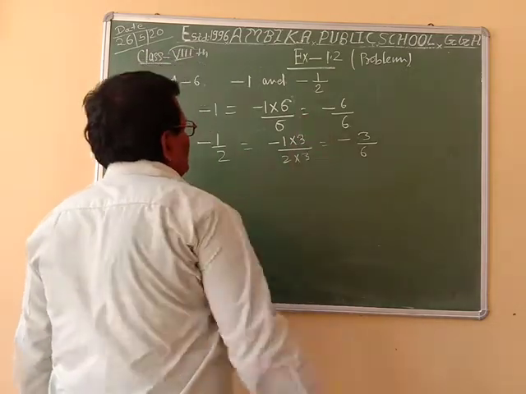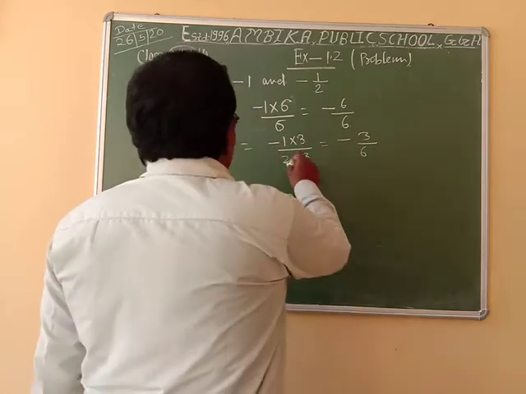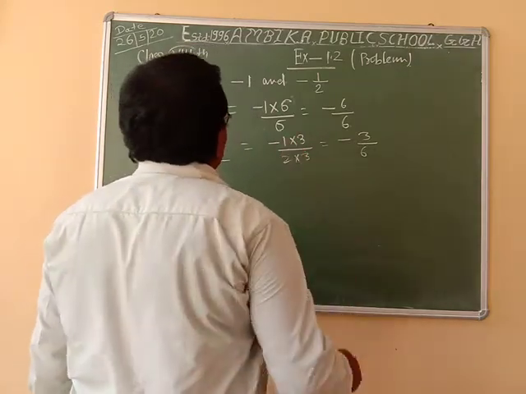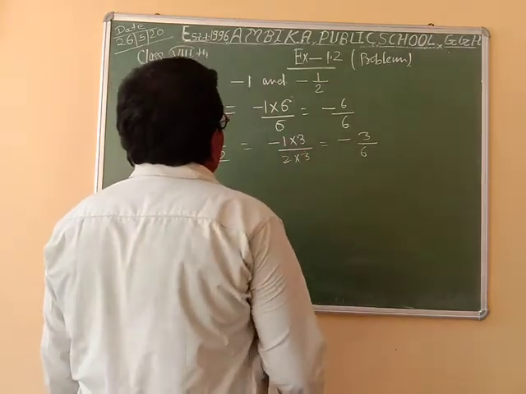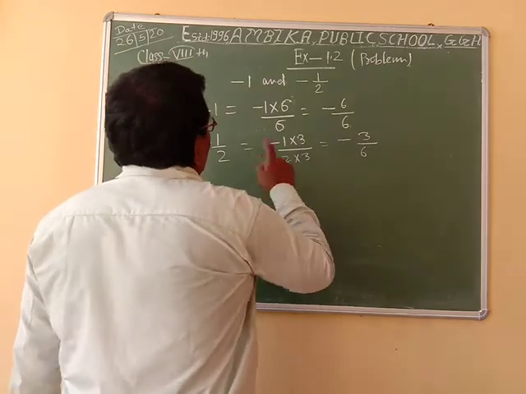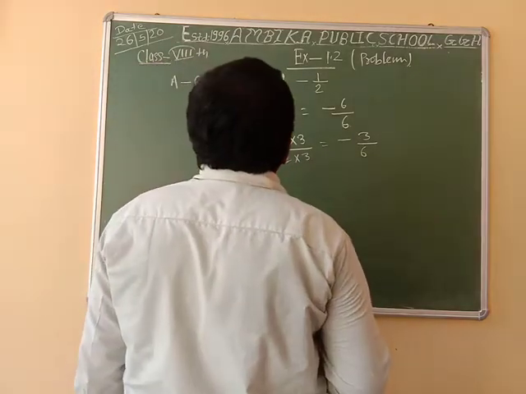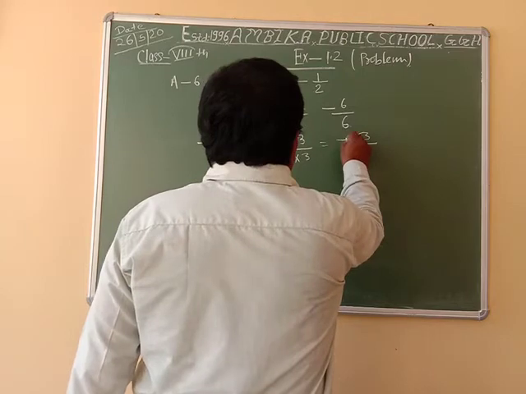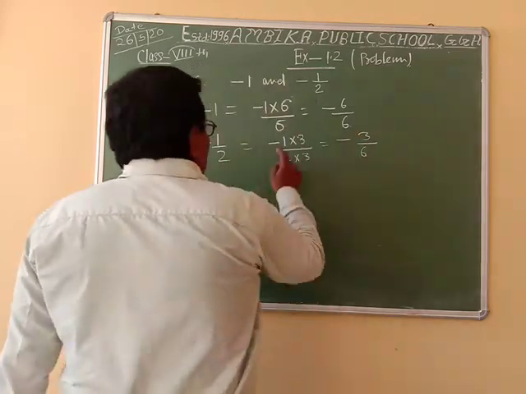Here we make the denominators the same for both rational numbers.